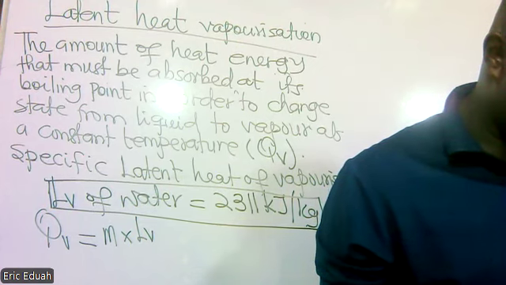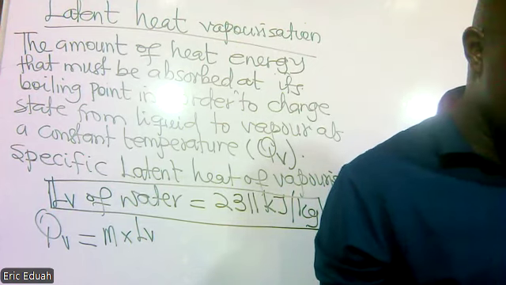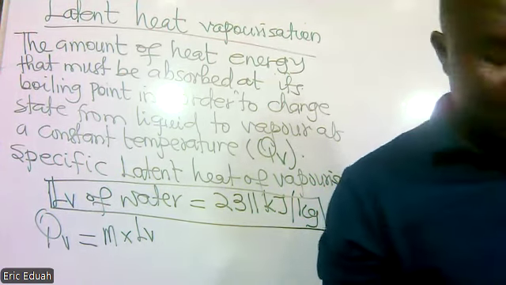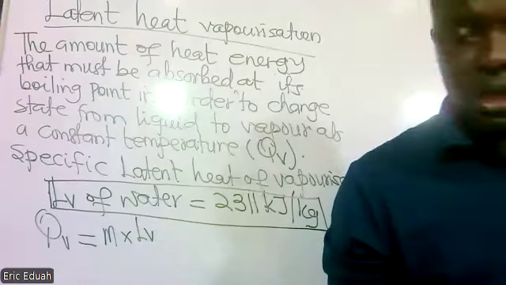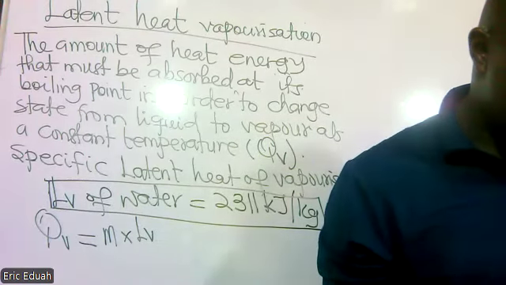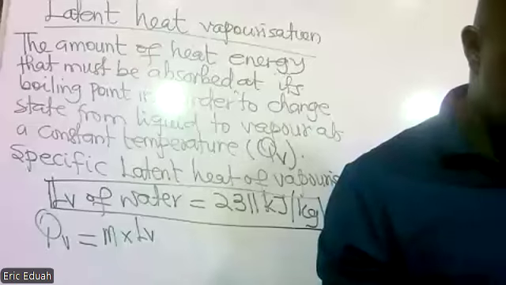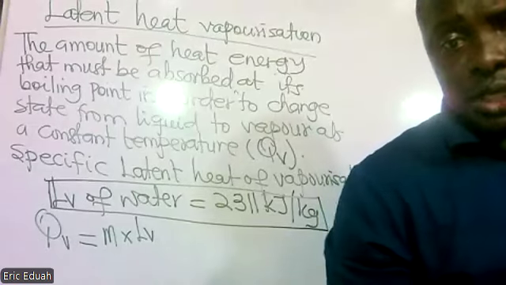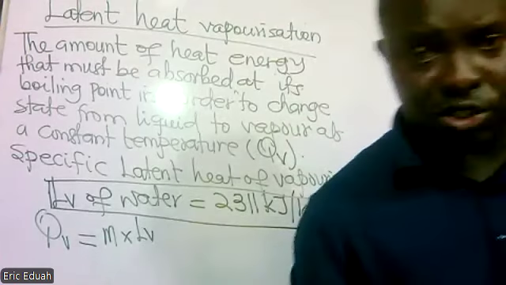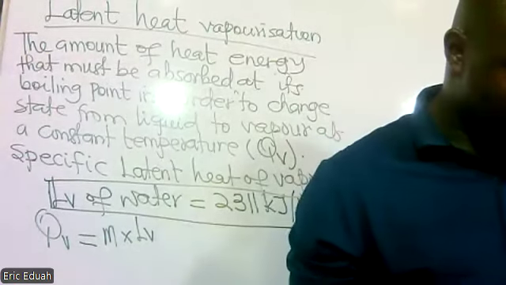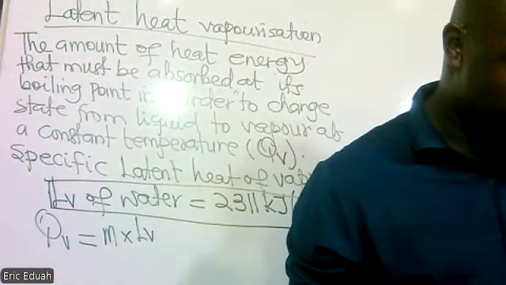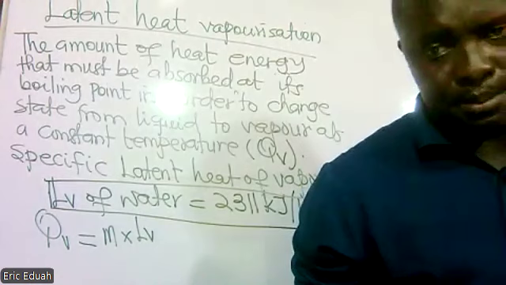Take the specific latent heat of fusion of ice to be 335 kilojoules per kilogram. You need this constant, so I'm giving them to you. The specific latent heat of fusion of ice is 335 kilojoules per kilogram.